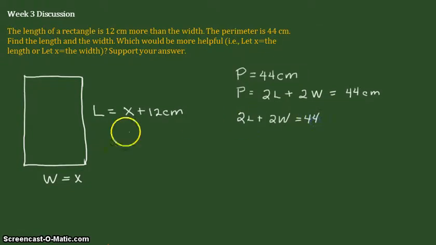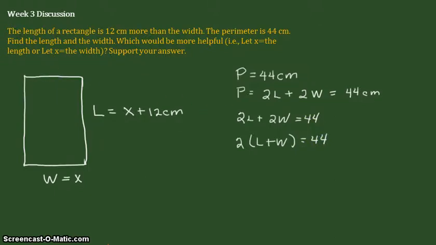We're going to drop the units for a minute. We're going to put them back in, but we're just going to drop them for a minute. Now, one of the things you can do is factor out a 2 here. So let's factor out a 2, and then we get length plus width equals 44.